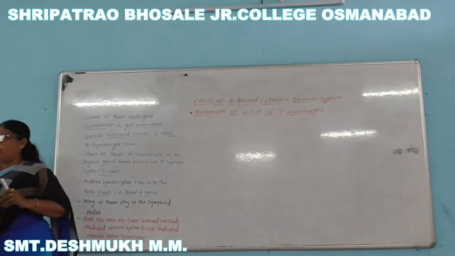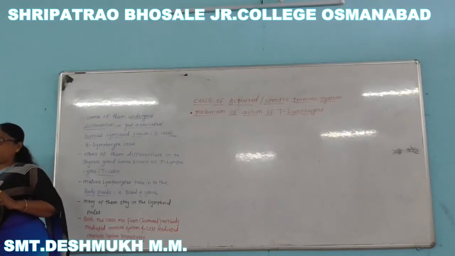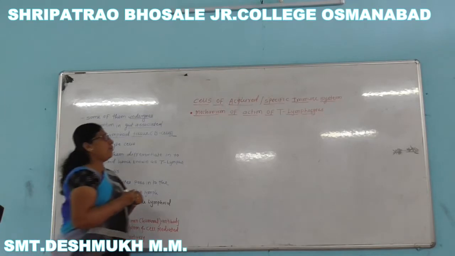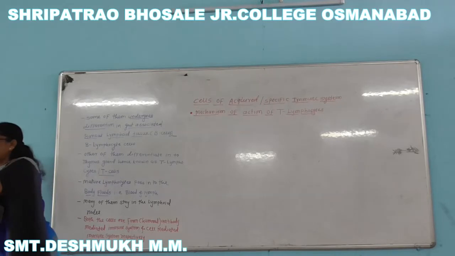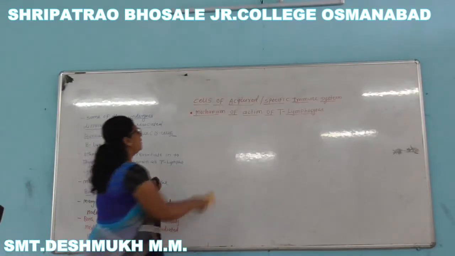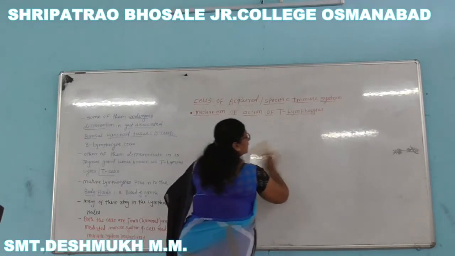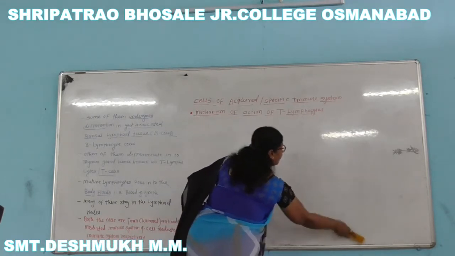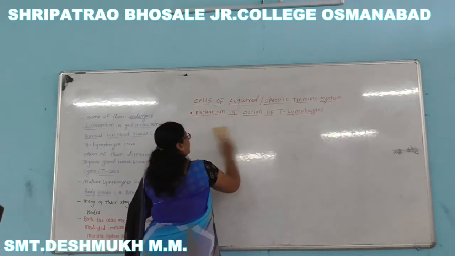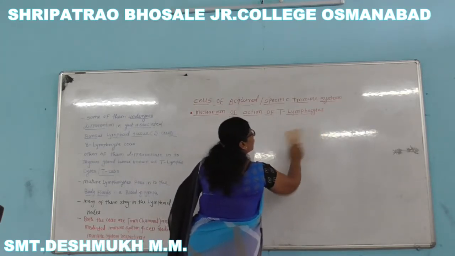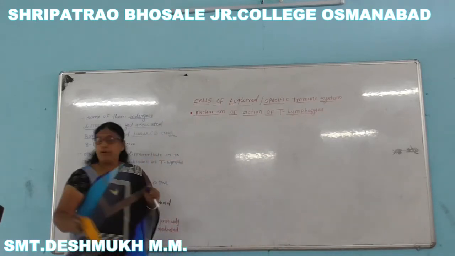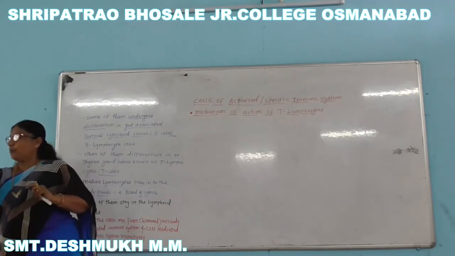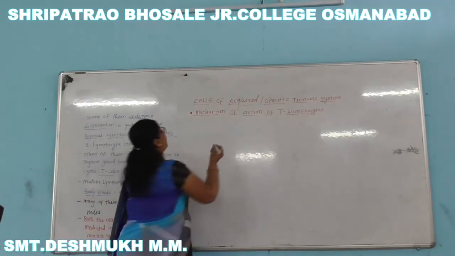On coming in contact with an antigen, a T lymphocyte forms a clone of T cells.